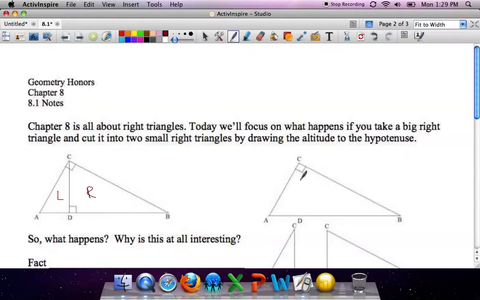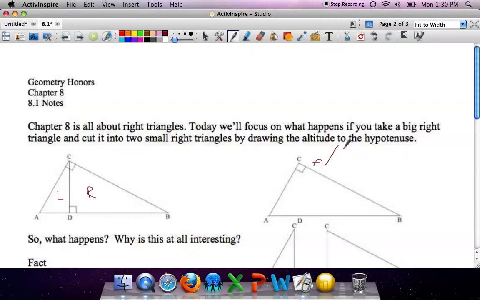Here is the big triangle, ABC. If I think about the big triangle and the left triangle, well, the left triangle has a right angle and an angle A, and the big right triangle has a right angle and an angle A. So we can set up a similar relationship between the left triangle and the entire triangle ABC. I'm going to line it up here by putting A here.